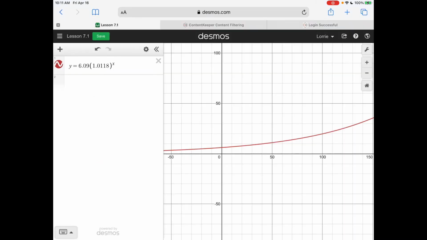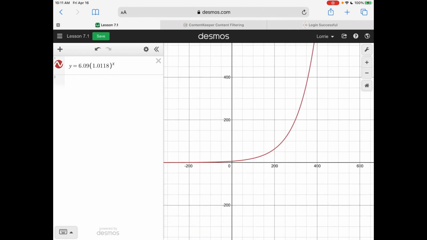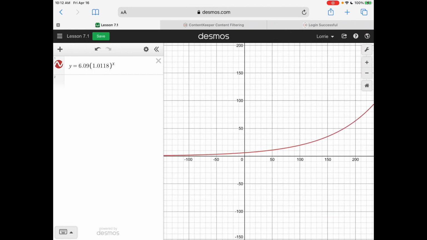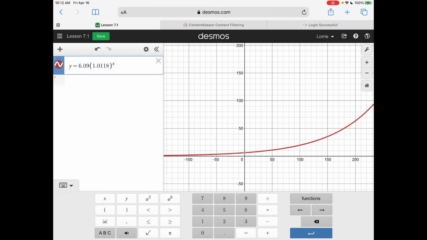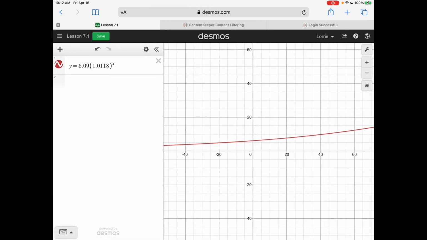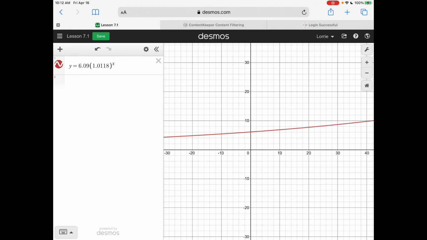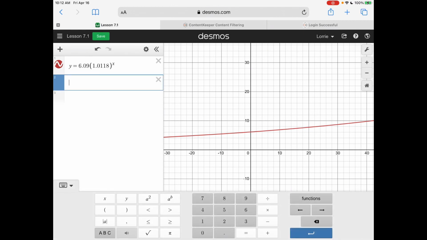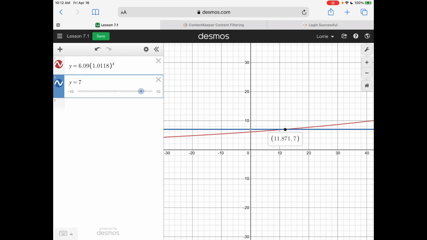All right, I've got my equation plotted. You can see that it's kind of flat, and we have to zoom out quite a bit in order to get a very steep turn in the graph. But we want to know when our population hits 7 billion. So I'm going to zoom back in here, and I'm going to put in a y value of 7. So y equals 7, and we want to look for that intersection again, and it looks like it's at 11.87.